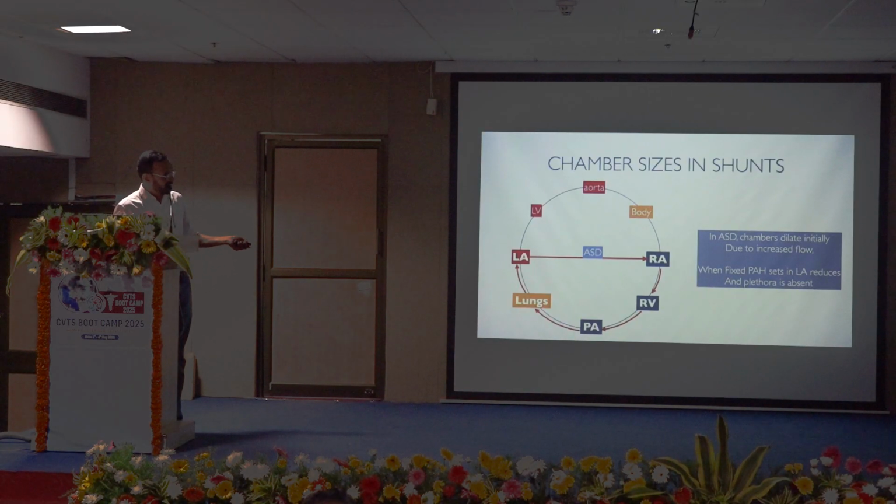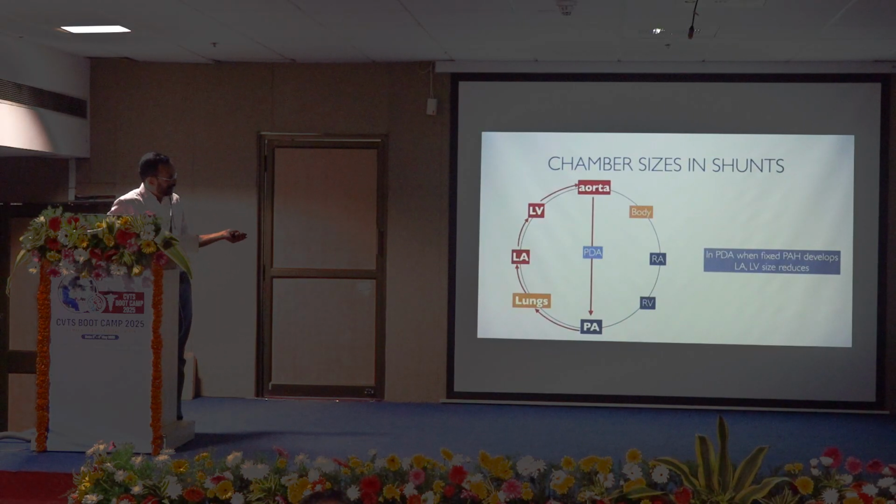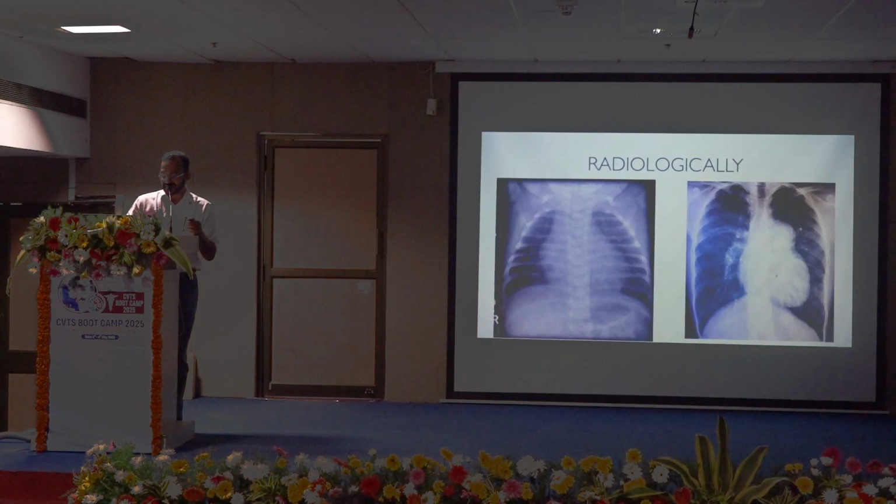If you take a VSD, the shunt is from LV to RV, so these chambers will dilate. If it's a PDA, the shunt is from aorta to PA, and a dilated aorta is almost indicative that there is a PDA also. These are the ways you assess which chambers have dilated.